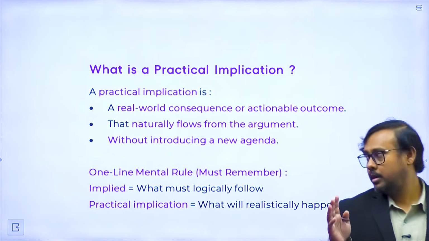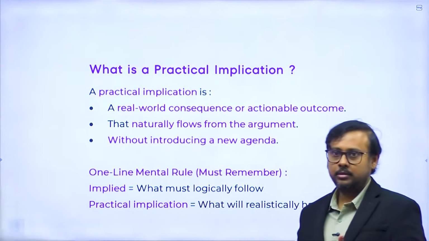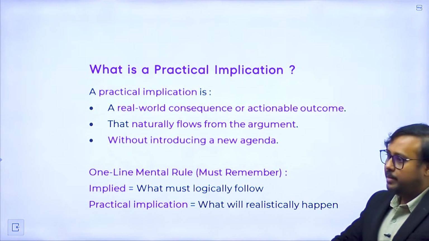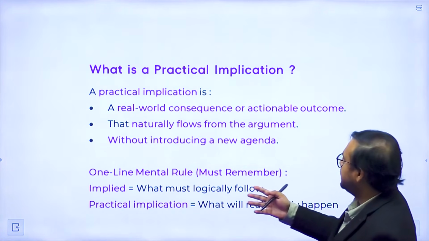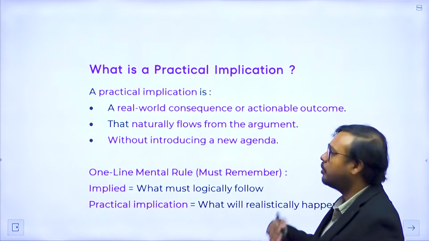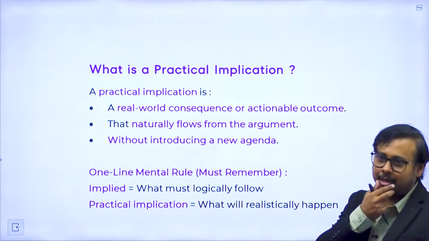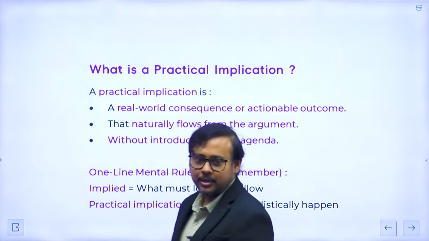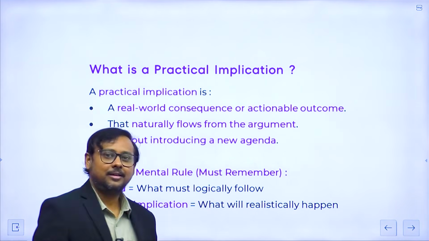It has to be action oriented. Now that which naturally, obviously flows from the argument, right? So what is the use case of the chip? उससे क्या होता है? What happens with the chip? Anybody?